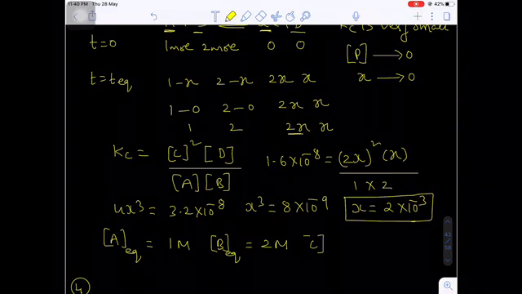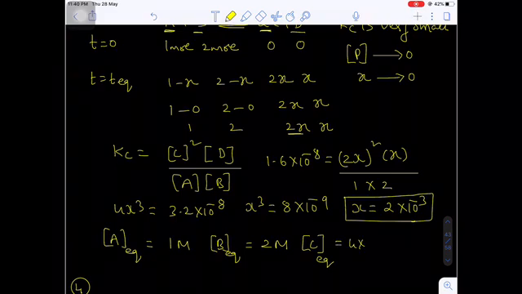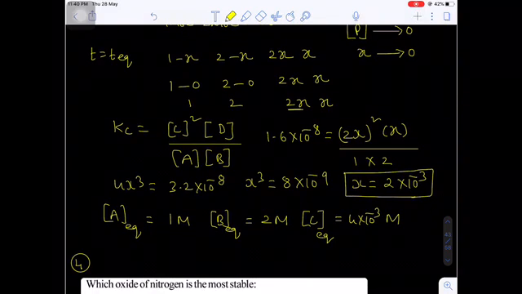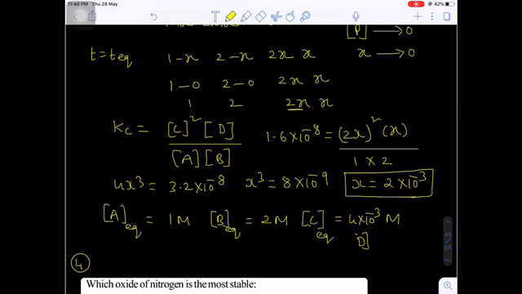Now what about the concentration of C at equilibrium? That is 2x, 2 into the x value, 2 into 10 raised to minus 3, so 4 into 10 raised to minus 3 moles per liter. And one more, the concentration of D at equilibrium. That is x, 2 into 10 raised to minus 3 moles per liter. Are you getting my point?